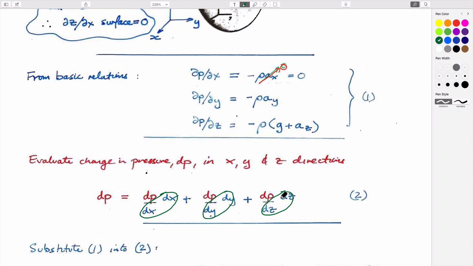We've done nothing other than that. Now we have expressions for how pressure changes in the x direction, which is 0.